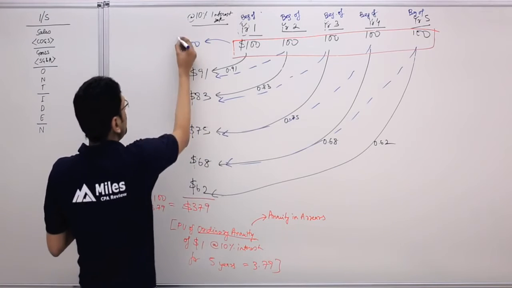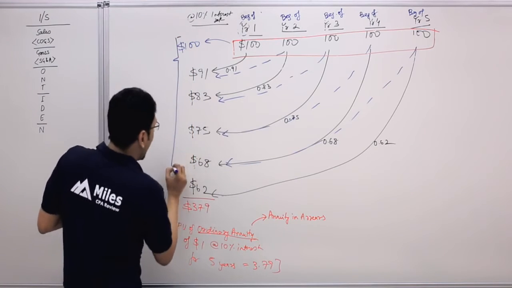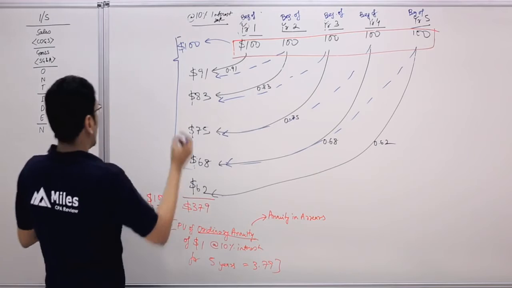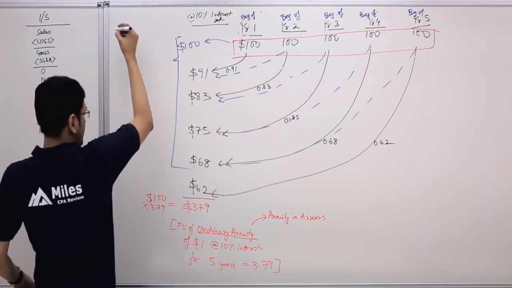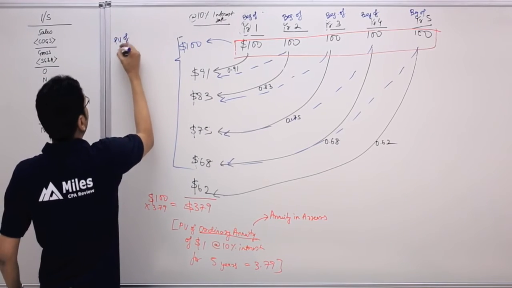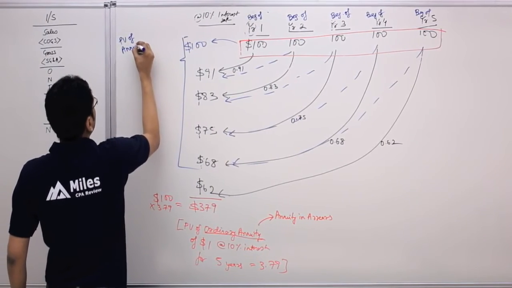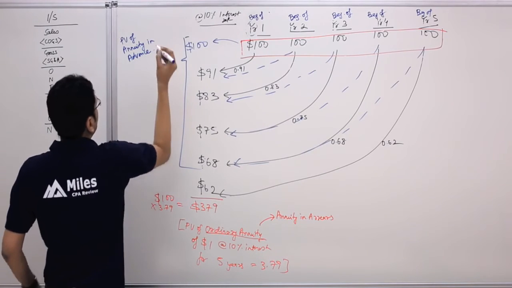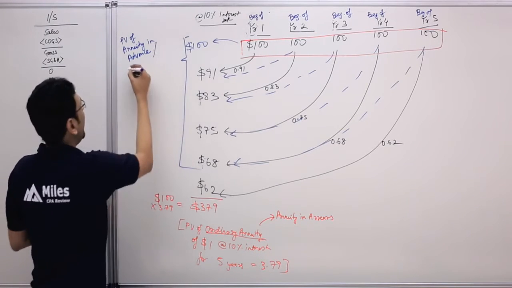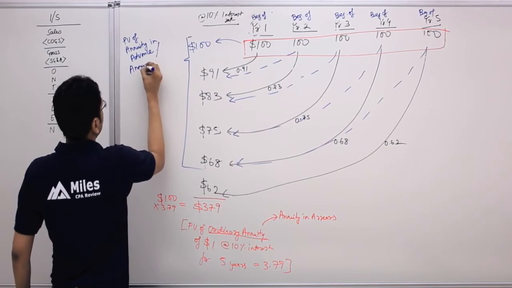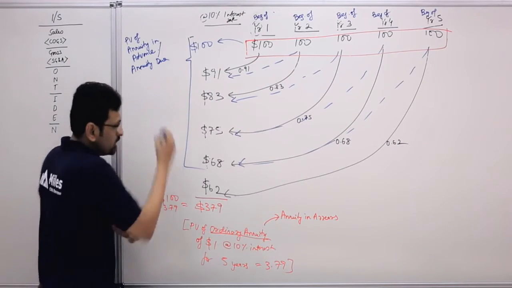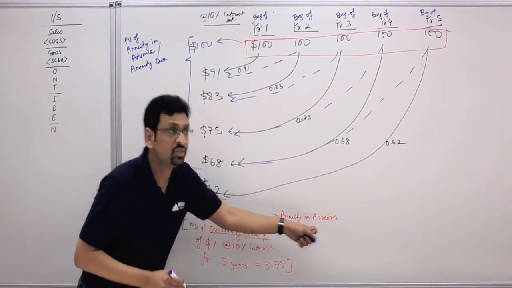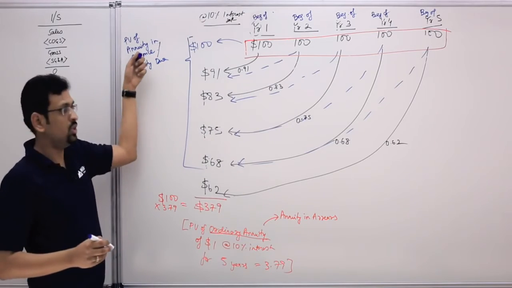So guys, now if I look at this annuity in advance, I would say the present value of annuity in advance or annuity due. So this was annuity in arrears, this is annuity in advance.